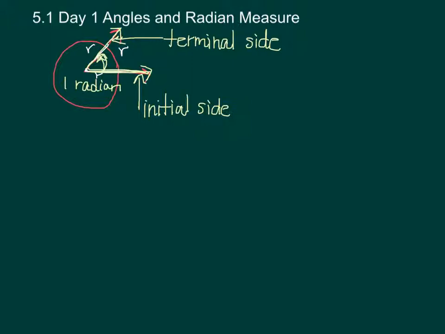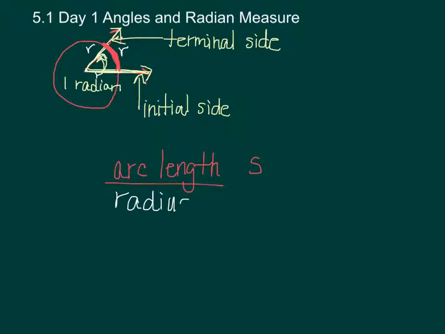Now, the radian measure is found by taking the arc length. Here's your arc length. It's an arc. Think about McDonald's and the M, the R. And the arc length we call S. I'm not sure why they use that symbol, but you divide that by your radius, and we're going to call that R. So to find a radian measure or the angle, you're going to divide your arc length by your radius.